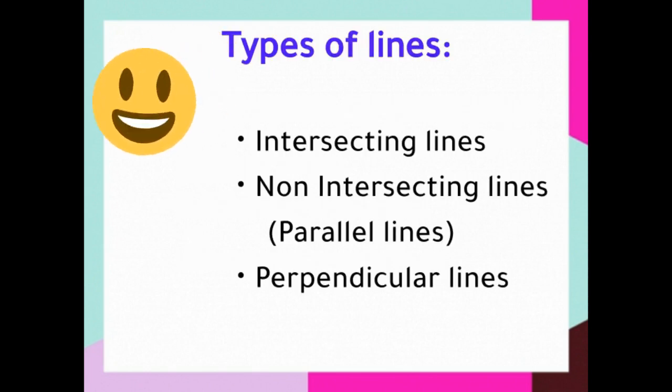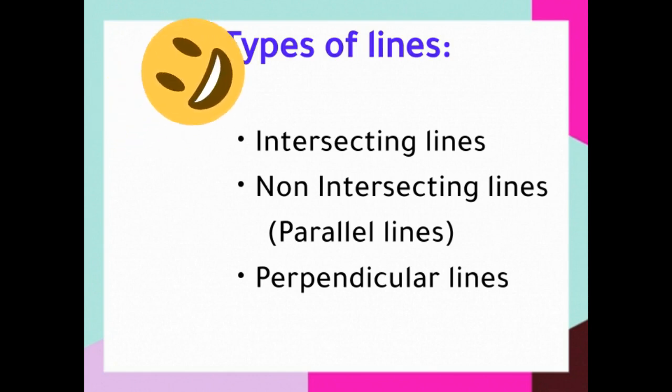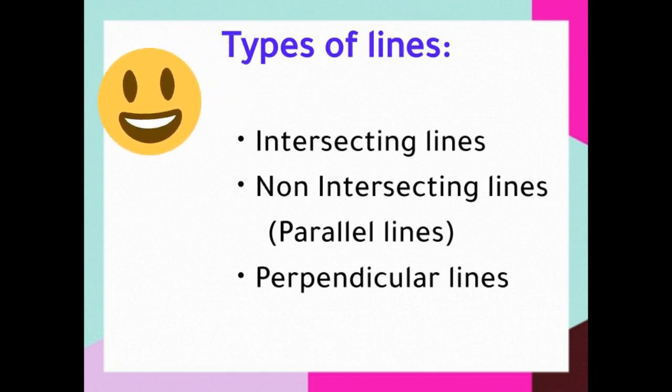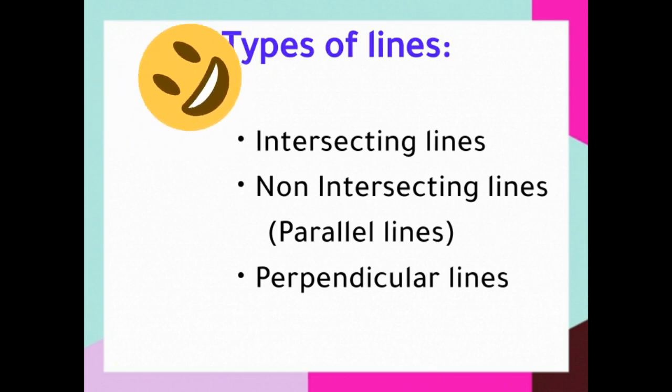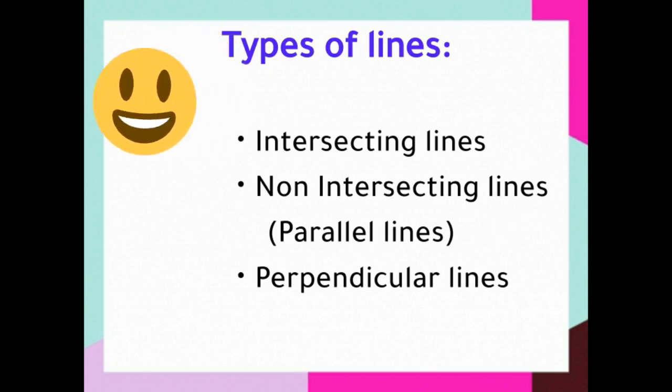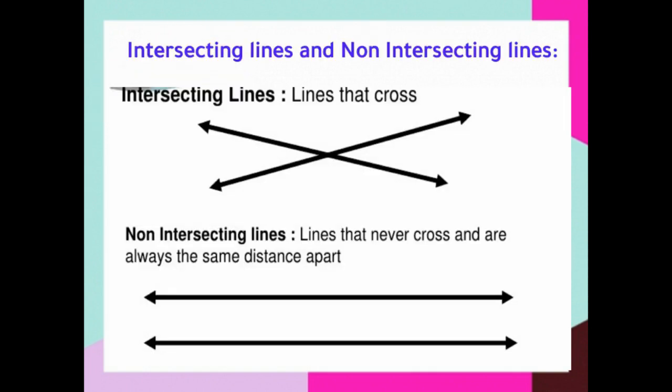Next, we are going to see types of line. First type is intersecting lines. Next, non-intersecting lines, which are also known as parallel lines. Next, perpendicular lines. First, intersecting lines and non-intersecting lines. What is meant by intersecting lines? Lines that cross. Look at the figure.